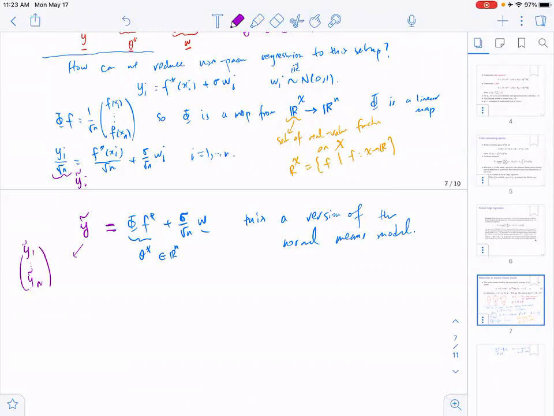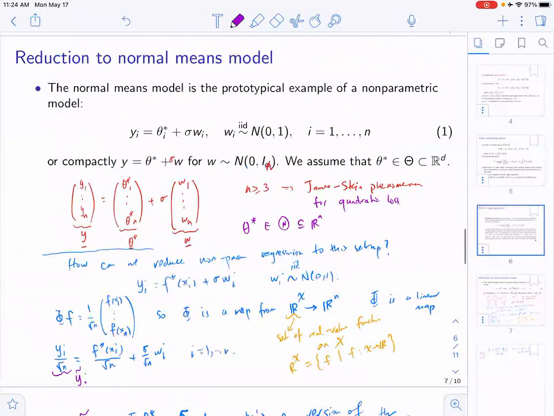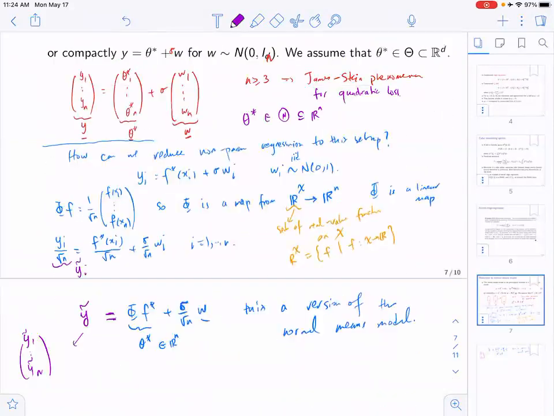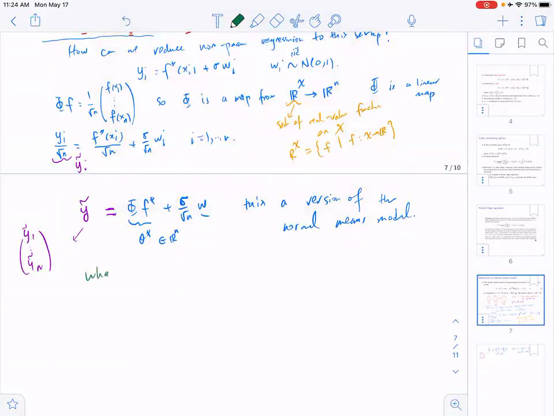After normalization by root n, you get back an example of this normal means model, where now, what is theta? It's the parameter space of interest, a subset of R^n.